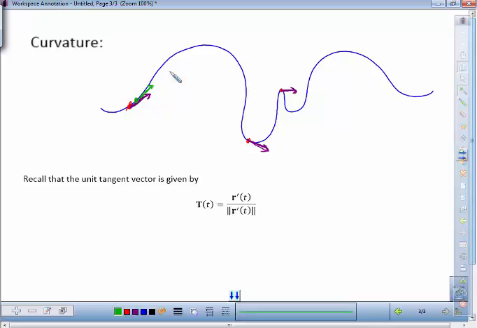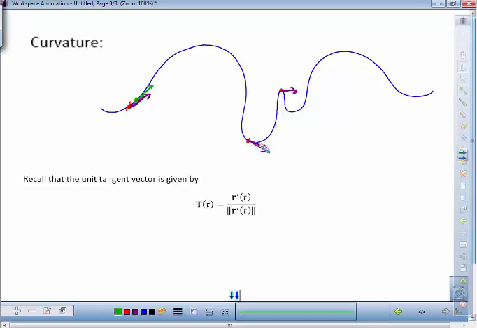So if we take a look at this first example over here, how much is our unit tangent vector going to change? Is it going to change a lot or a little? It seems like it's going to change a little. It has the same length, so the length is not going to matter. The direction it's moving, a little bit over that, is almost the same direction. So there are very small changes there.